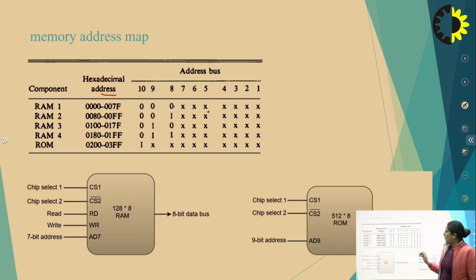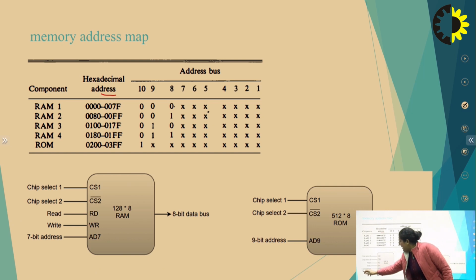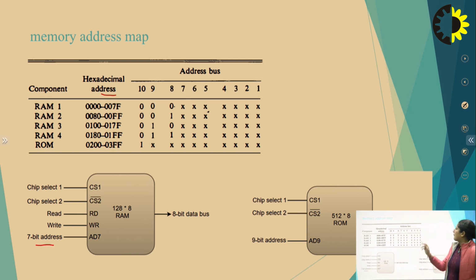As you know, for a single RAM chip, the size is 128 into 8 and the address bus is 7-bit. So from 1 to 7 we have the address bits of RAM, as you are seeing here.